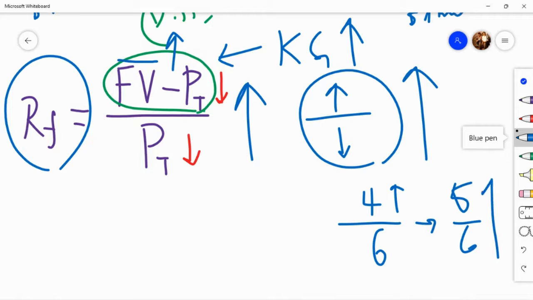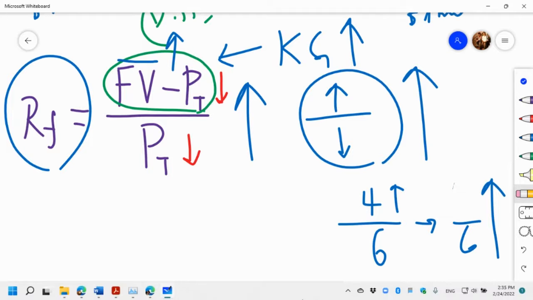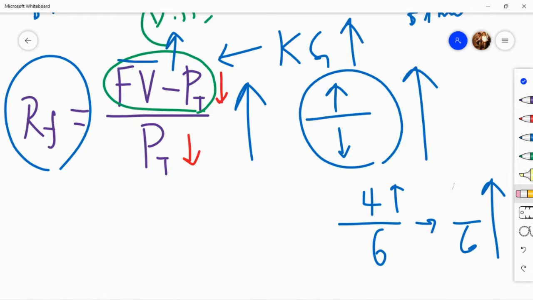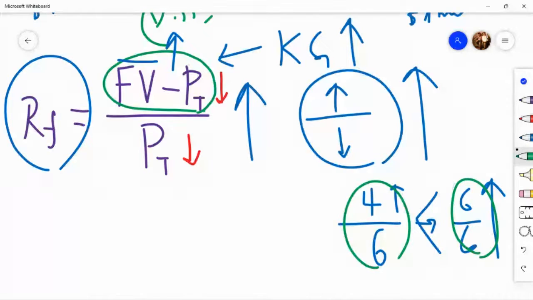The whole fraction is higher. If it is even 6, clearly this thing is greater than this thing. This is very straightforward logic.